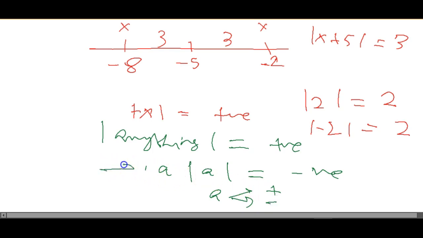If I have given you this statement that a multiplied by mod of a is negative, I know that mod of anything cannot be negative. So I know that this value will always be positive. So a has to be negative, because only a negative multiplied with a positive will be negative. This is what I meant from this.